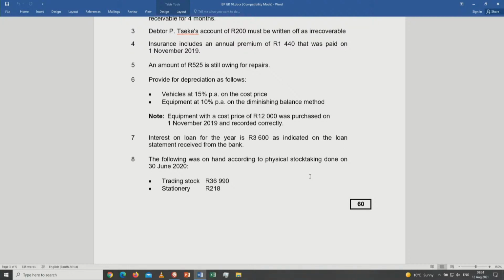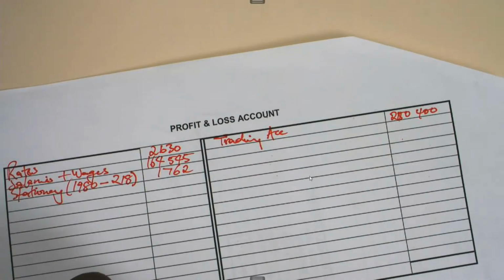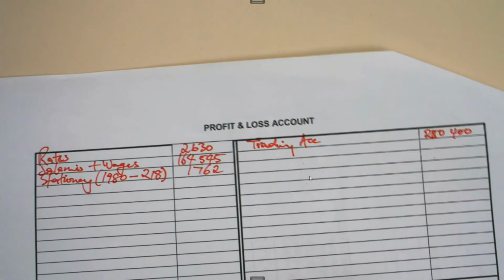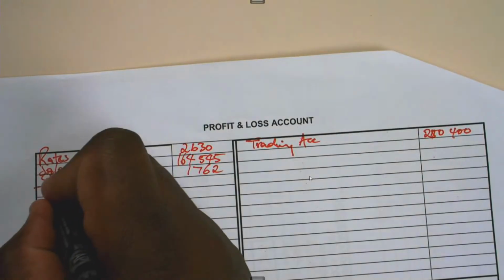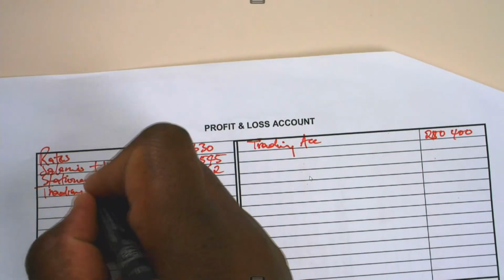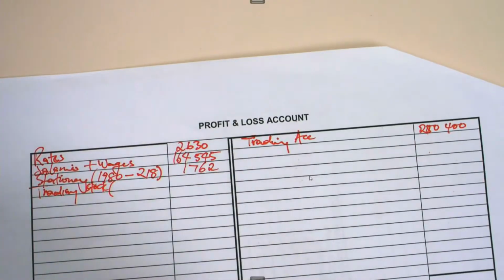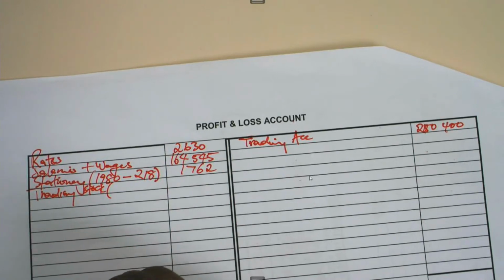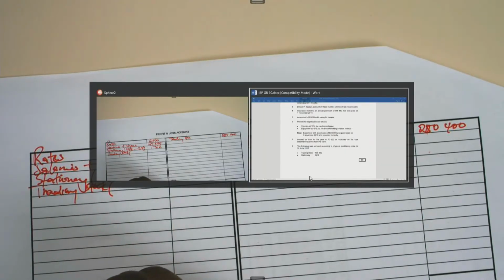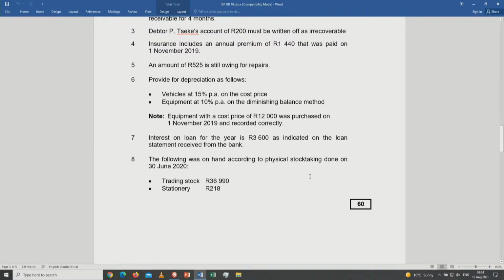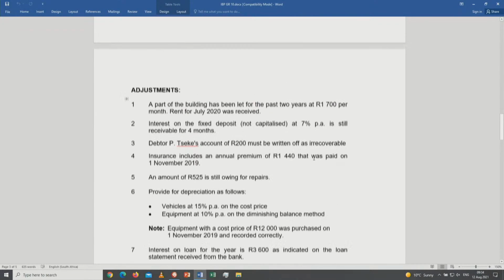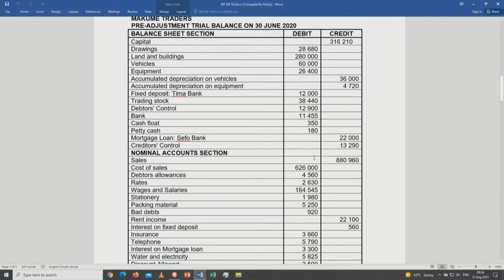In expense, you debit on the profit and loss account. Here we'll write trading stock, open bracket, how much there? 36,990 is what we are counting. Trading stock 38,440.